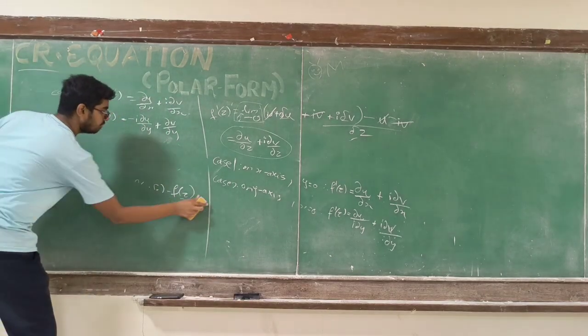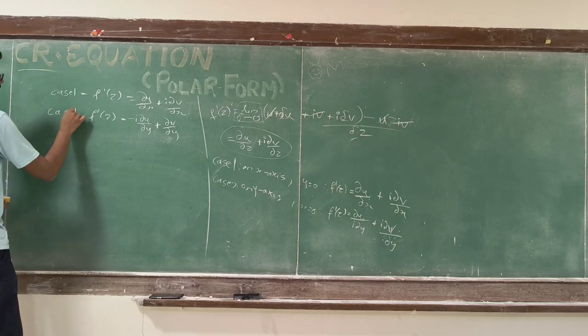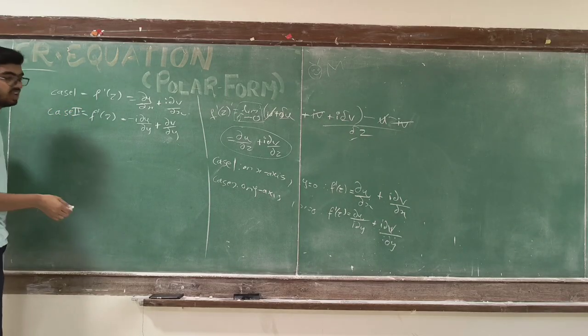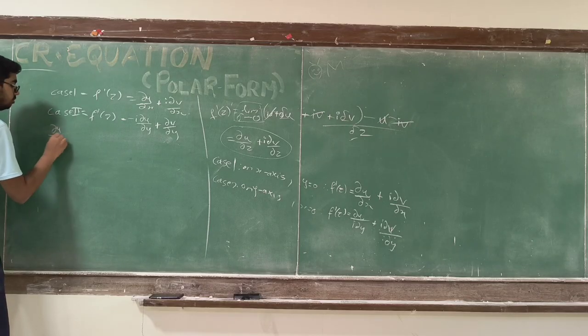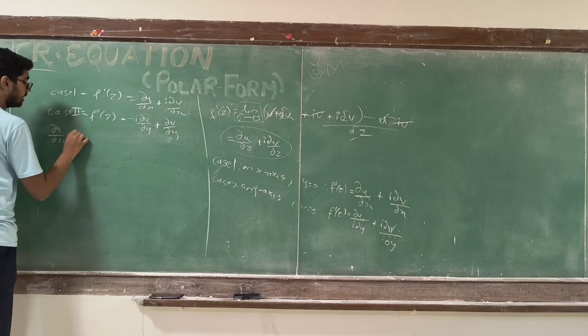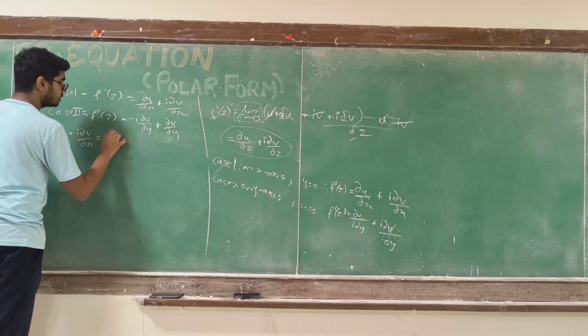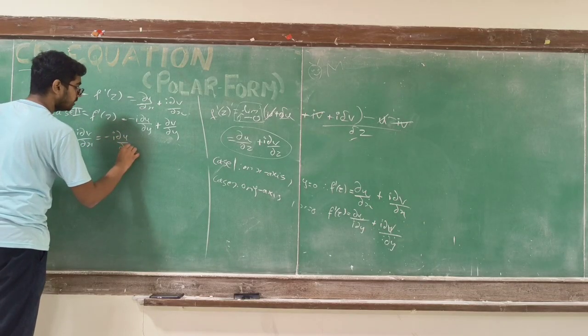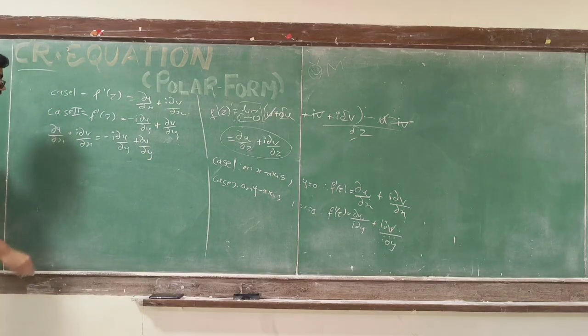If this function f of z is analytic, then both of these cases will be the same, and we can say that del u by del x plus i del v by del x is equal to minus i del u by del y plus del v by del y, right?